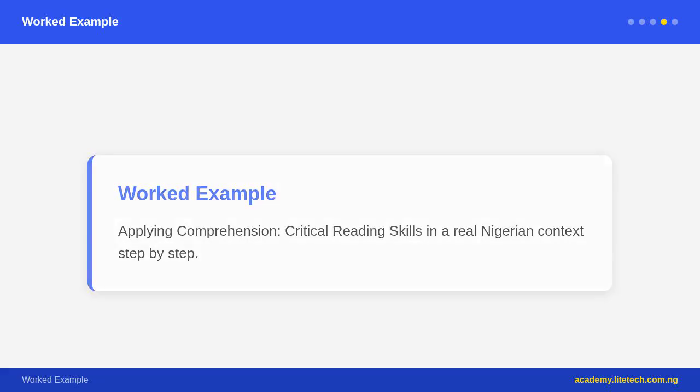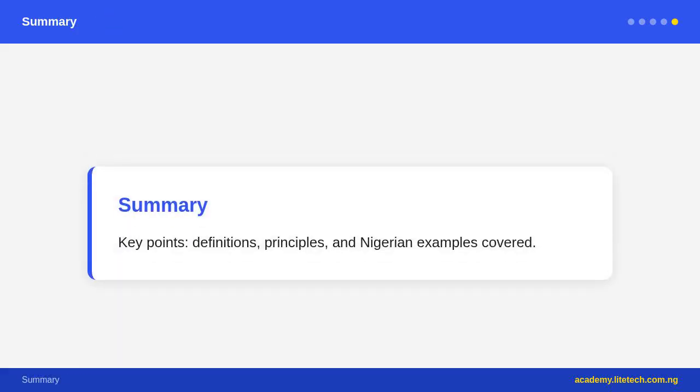Audience equals who the text is written for, determines vocabulary level, tone, and examples used. Bias equals presenting only one side or favoring one viewpoint. Signs: only one perspective, loaded language. Terrorist versus freedom fighter: emotional connotation. Selective facts: only supports one side.